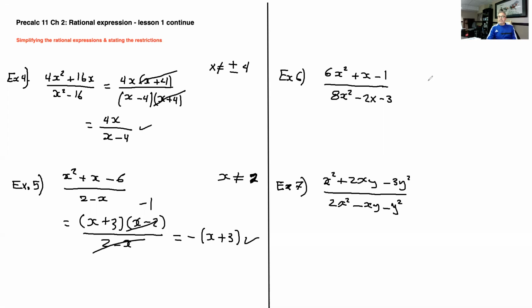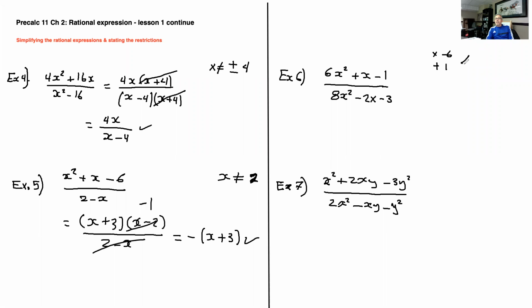Now we'll come to this one, and here the factoring is going to take a little bit of time. For the top, we're looking for what multiplies to give us negative 6 and adds to give us 1. Multiply 6 and negative 1, that's what we're looking for, giving negative 6, and the 1 right here is what it's supposed to add to.